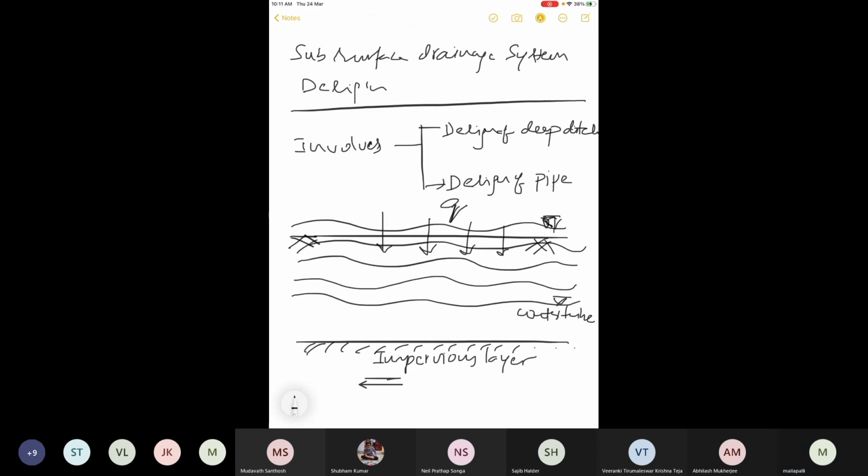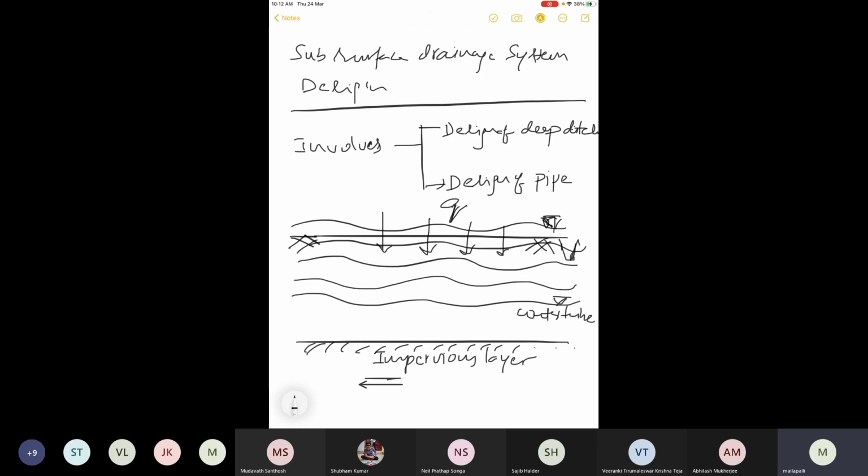But since you're planning for crop growth, you need to remove this water. So either you use surface drainage designs. In surface drainage, with shallow ditches, only the water which has accumulated above the surface can be removed.